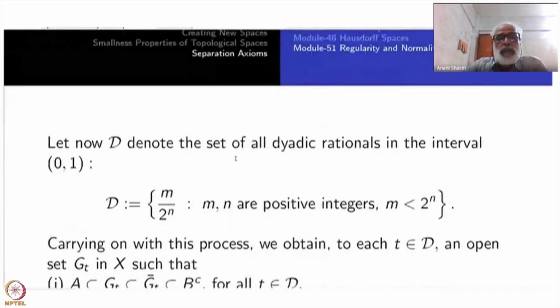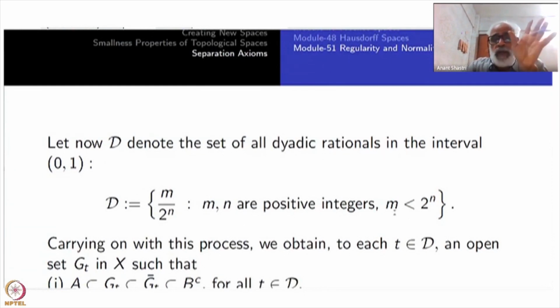Okay, so let D denote the set of all dyadic rationals in the interval 0, 1. Namely, m divided by 2 power n, where m and n are positive integers, m less than 2 power n. You can take m to be only odd if you like, since if there is some power, you can cancel it out.